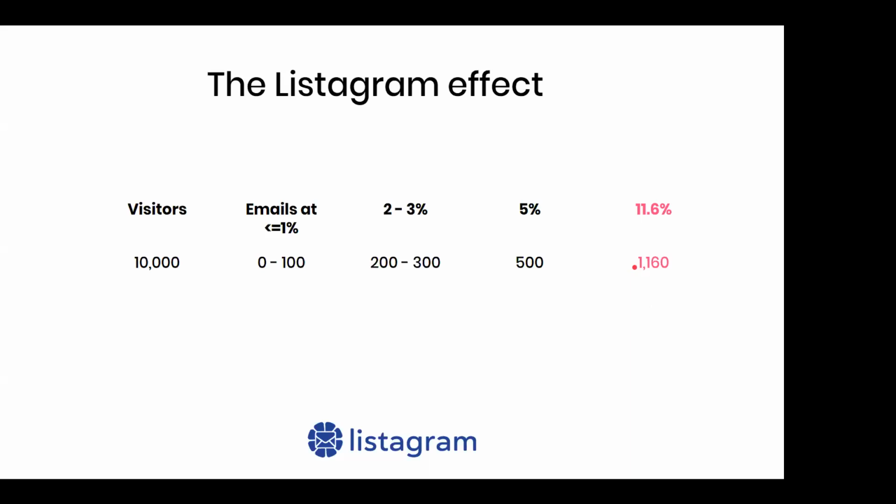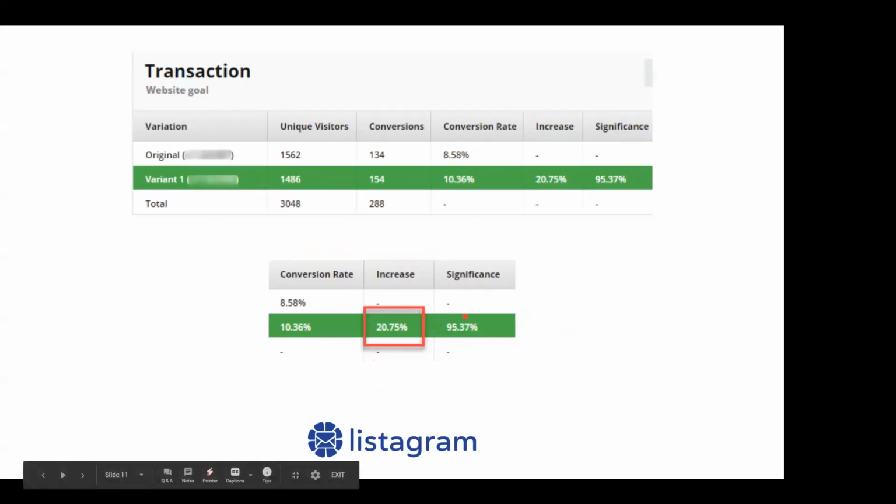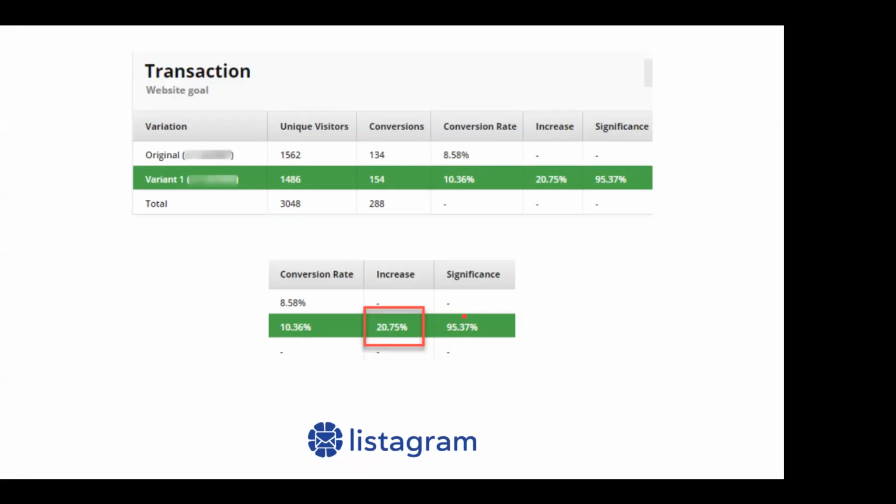So do you think you can make more sales with more emails? Well, this is one of our users, and they tested with and without the wheel, and they actually increased their sales by 20%. So it's not just about quantity and getting loads of email addresses.